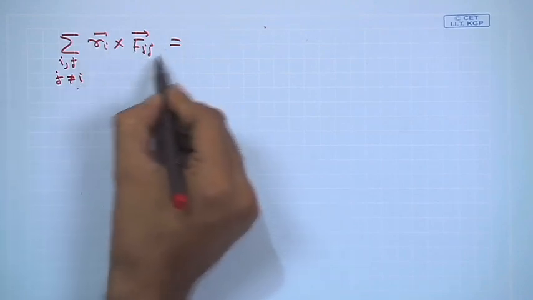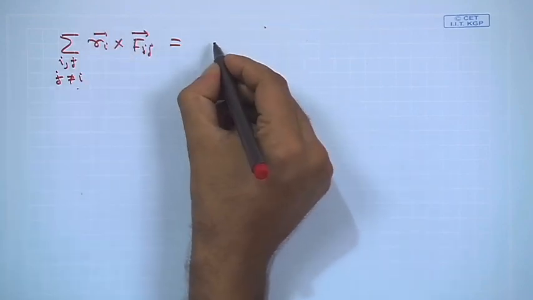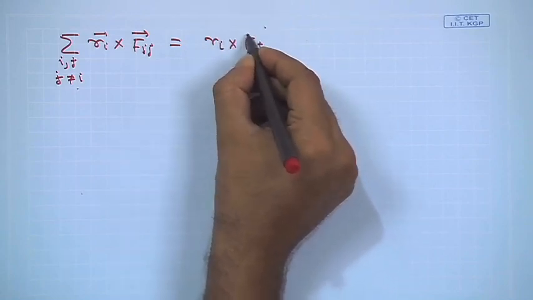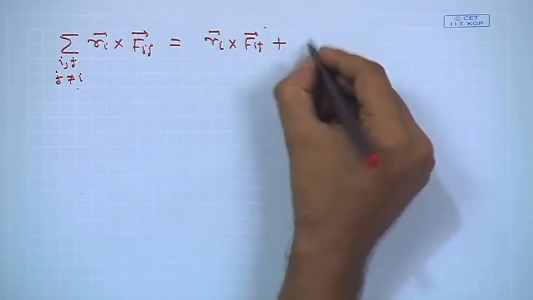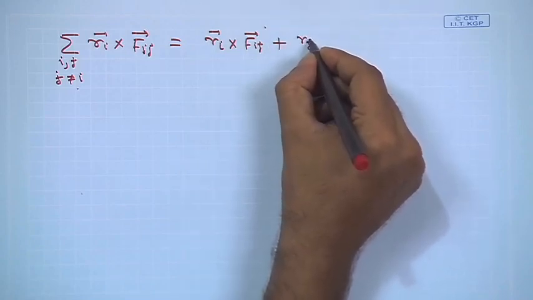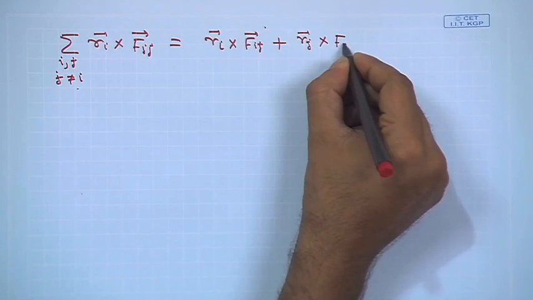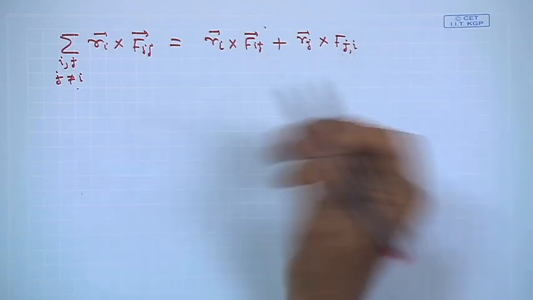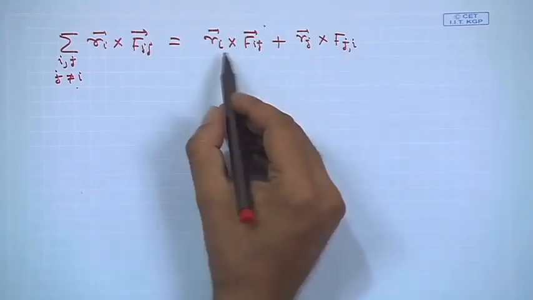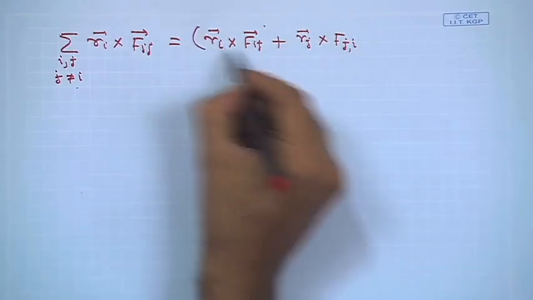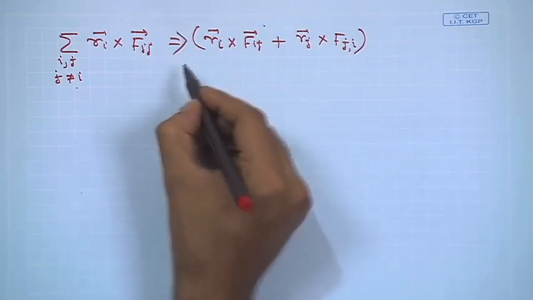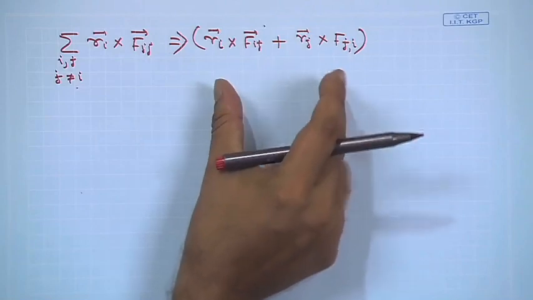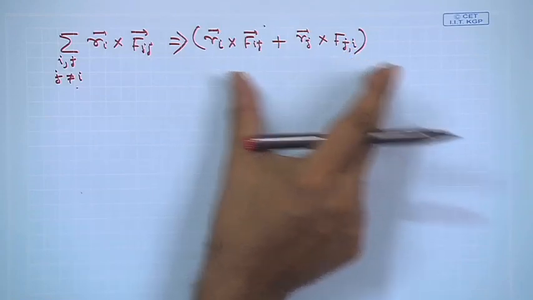This will have pairs like r_i cross F_ij plus r_j cross F_ji, because the indices i and j are interchangeable and identical, I mean they are exchangeable indices. So we will have pairs like them, and this entire term can be broken into paired terms like this.